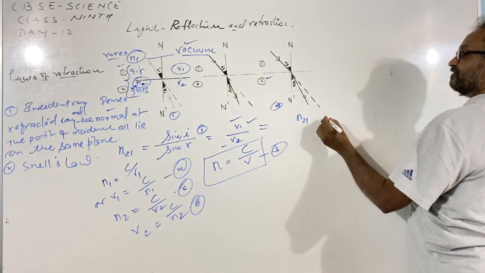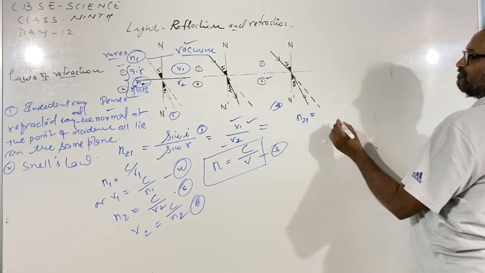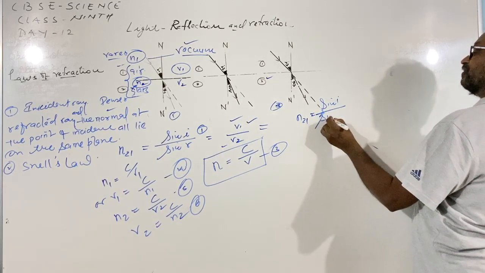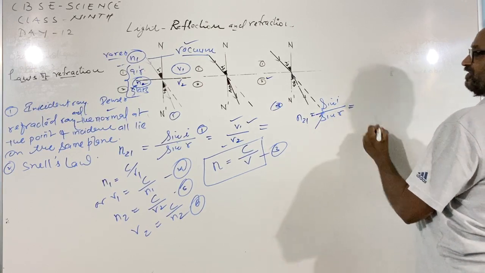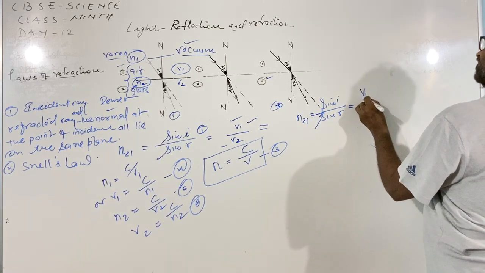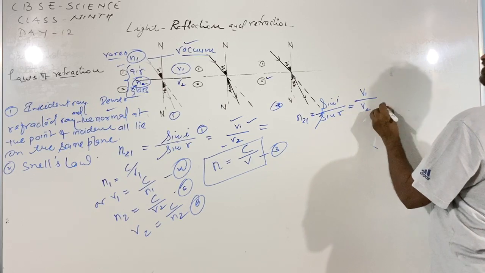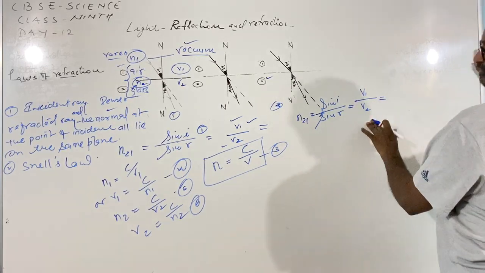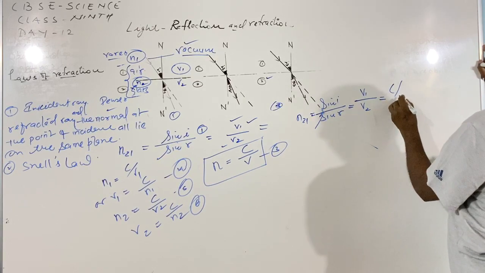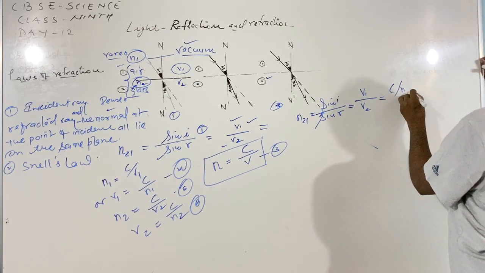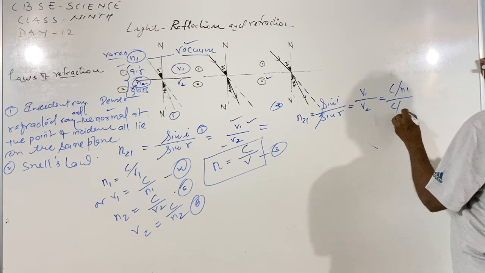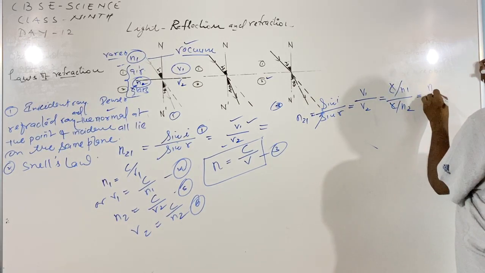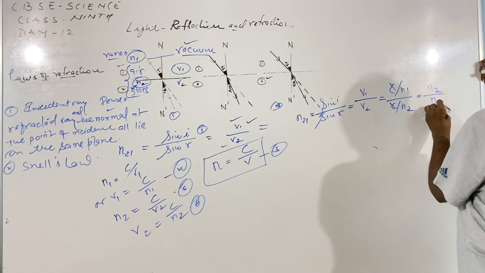refractive index of the second medium with respect to first medium is equal to ratio of sine of angle of incidence to the sine of angle of refraction is equal to ratio of velocity of the light in the first medium to the velocity of the light in the second medium, and it is also equal to c over n1 over c over n2, or n2 over n1.